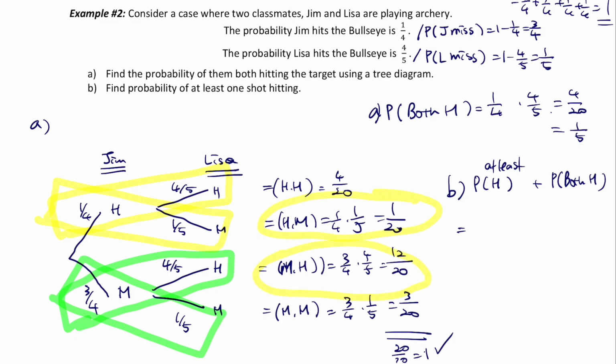So it is the same as 1 over 20 plus 12 over 20. And we need to find the case both of them hitting, because it's at least one shot, right? So its final part will be 4 over 20. So we can say that the probability of at least one shot hitting is the same as 17 over 20. Okay, and that's the answer.